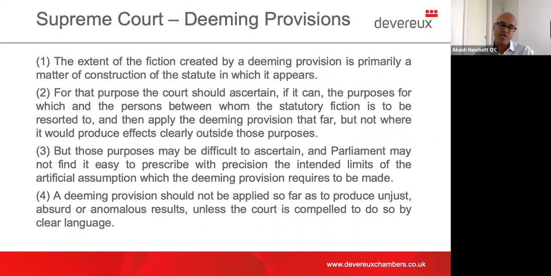The next area that I think one can draw some more general application from is the Supreme Court's approach to deeming provisions. Lord Briggs, as you can imagine, considered all of the well-known cases such as Marshall and Kerr on deeming provisions, but he observed that the dicta in those authorities are not conclusive because, although not actually contradictory, they do tend to point in different directions.